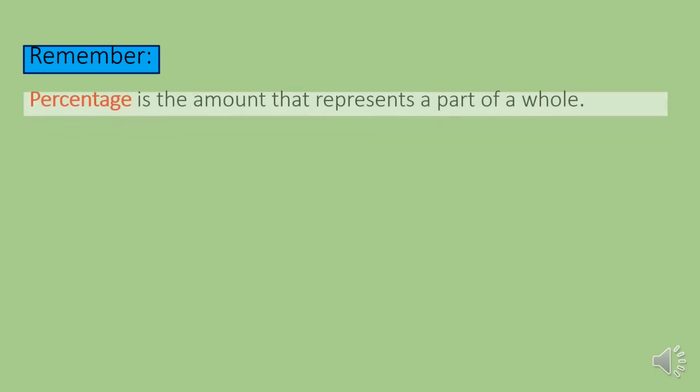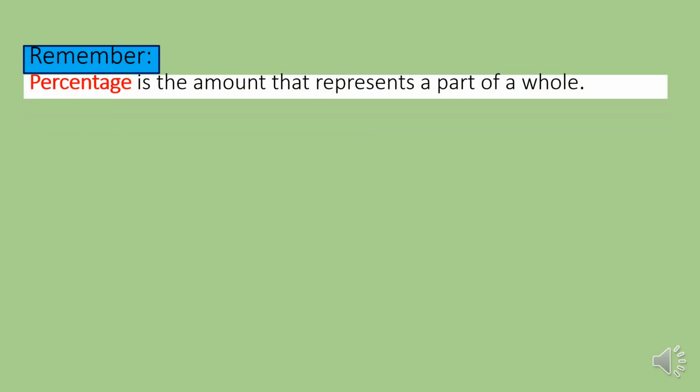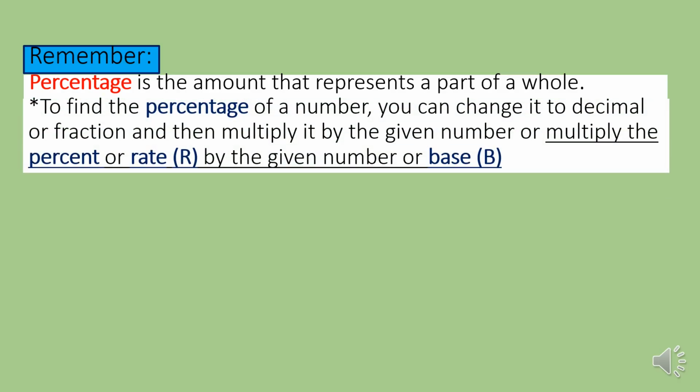Ating tandaan, percentage is the amount that represents a part of a whole. To find the percentage of a number, you can change it to decimal or fraction and then multiply it by the given number, or multiply the percent or rate by the given number or base.